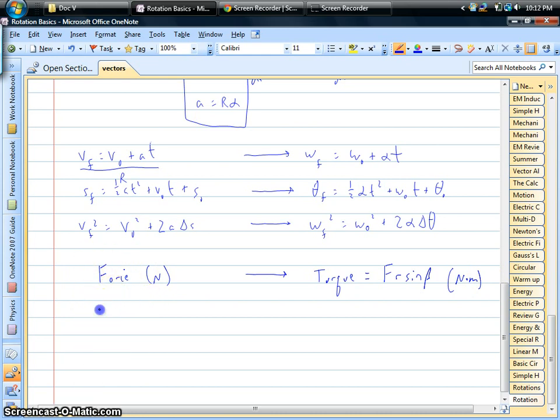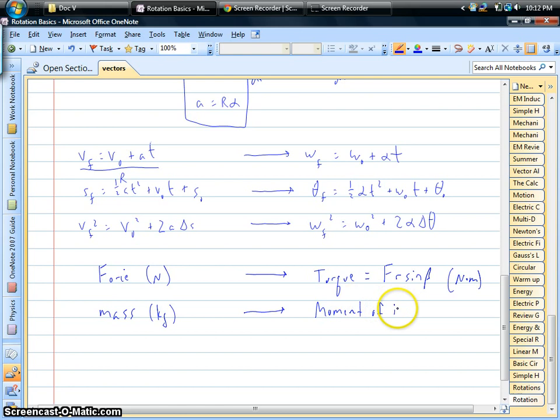We're going to have a change in mass. Okay, so for linear motion, all we care about is how many kilograms it is. We know F equals ma. The trouble is mass by itself is not all that matters when it takes into account rotating the object. Instead, we're going to have something called the moment of inertia.